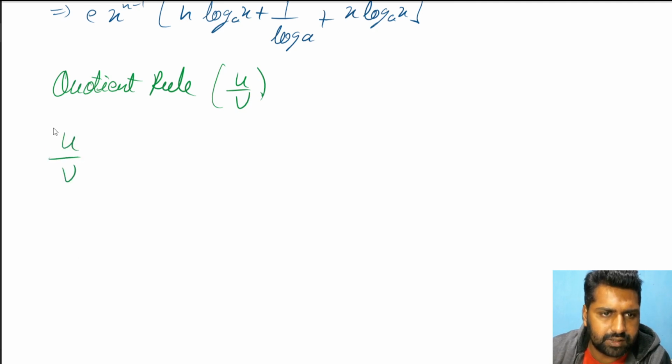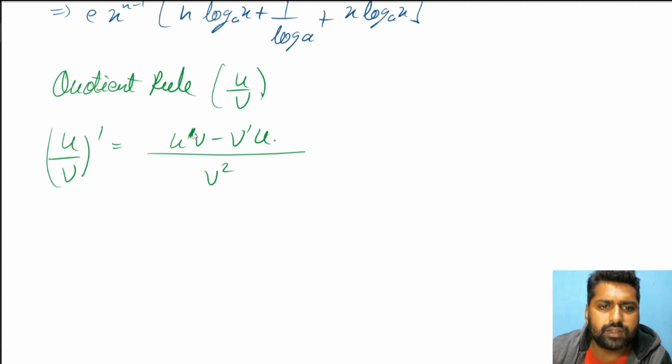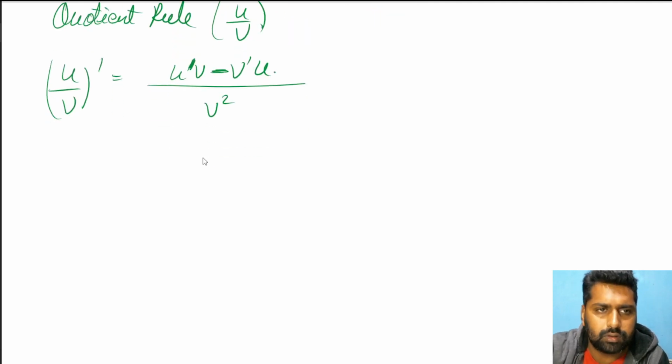So u by v dash is v square, u dash v minus v dash u. If you look at the numerator expression, it's the same, instead of plus there is minus first of all, and the denominator becomes v square.